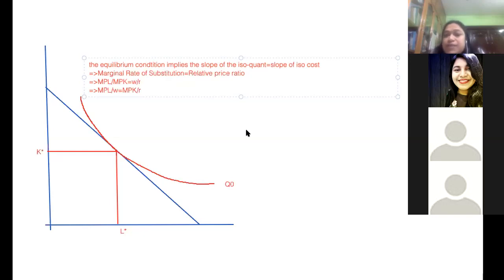If for some reason you get more output by spending on labor, you should spend on labor. And if you continue to hire more and more workers, what will happen to marginal productivity of labor? It will go down. So in that case, the gain that you had initially will evaporate, and eventually you will reach equilibrium again.